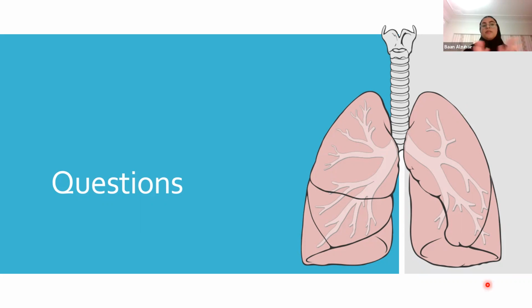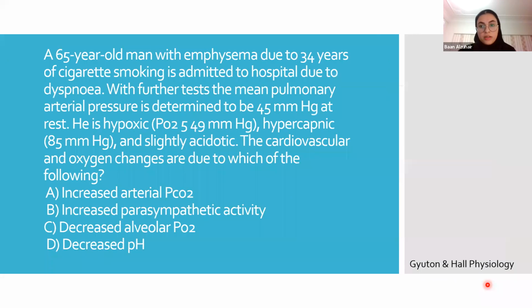Okay, so let's start with the first question I have for you. I'm going to read the question and you guys type the answer in the comments or unmute and tell me the answer. So a 65-year-old man with emphysema due to 34 years of cigarette smoking is admitted to the hospital due to dyspnea, okay?